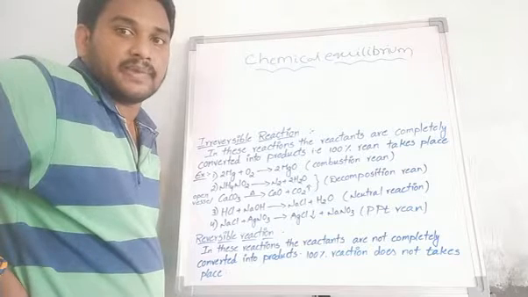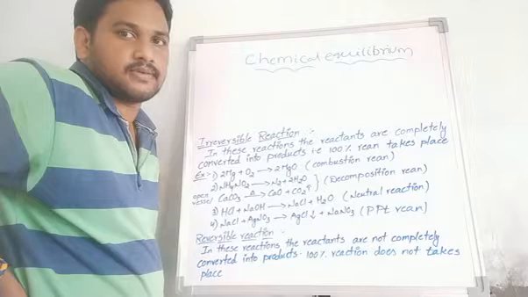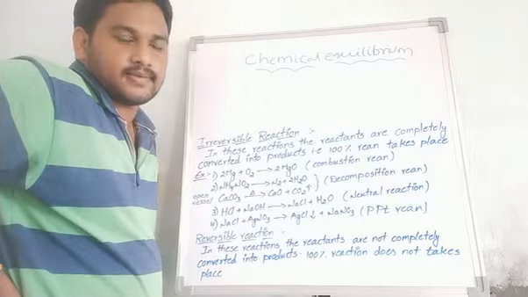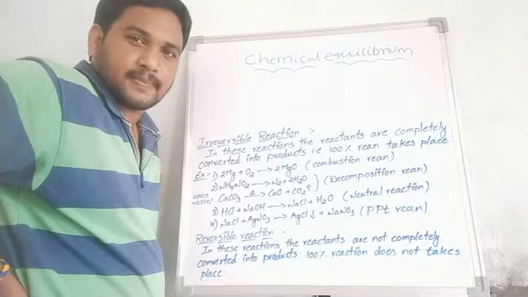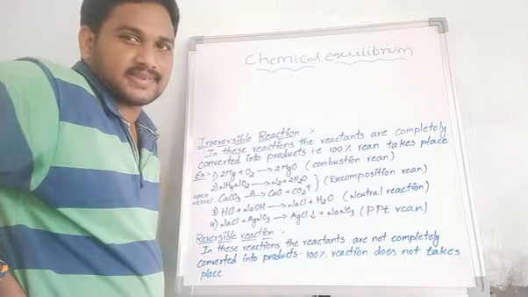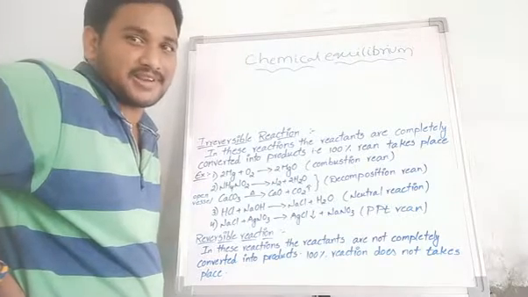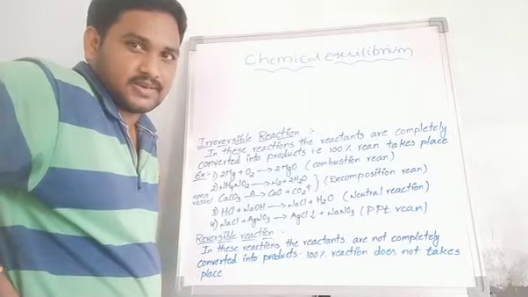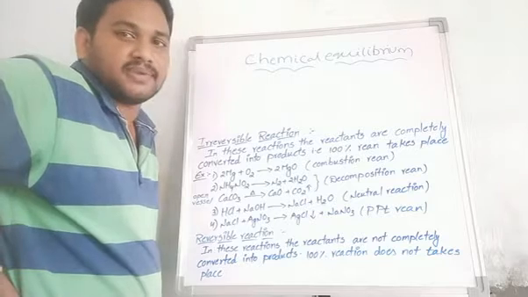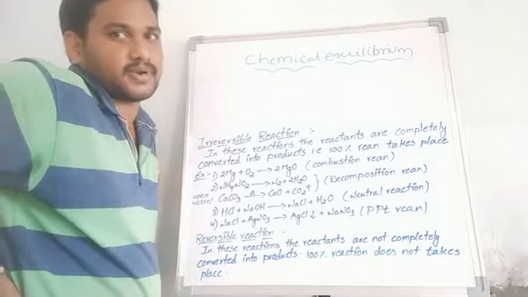What is a chemical equation or chemical reaction? Students, generally in any chemical reaction, a reactant is converted to the product. That is right or wrong? Every chemical reaction has reactants and products.